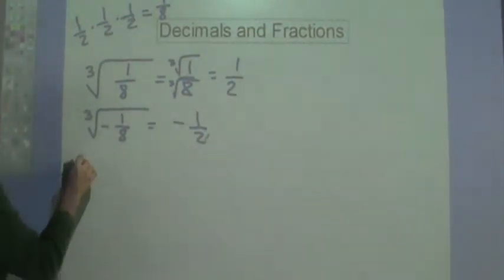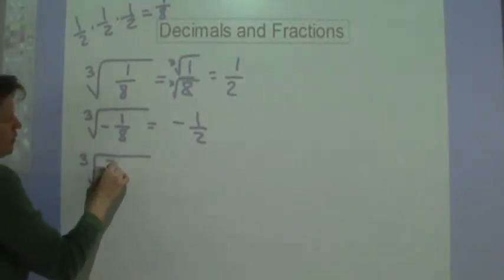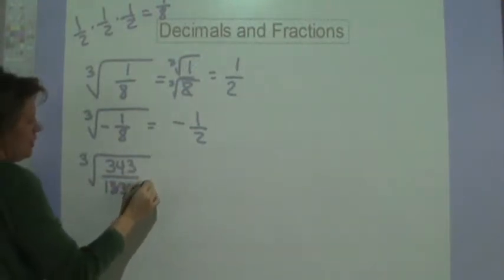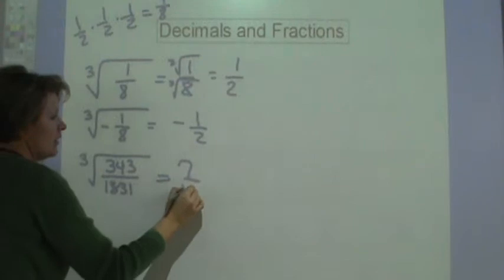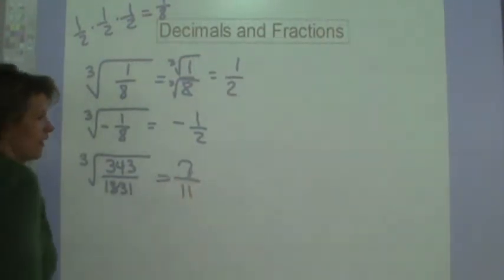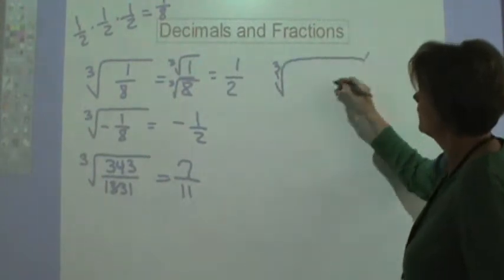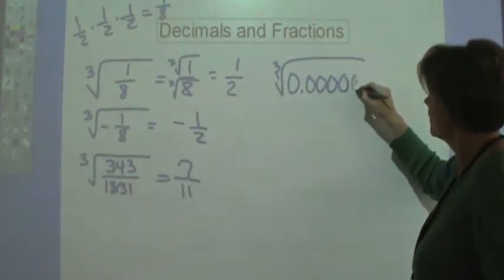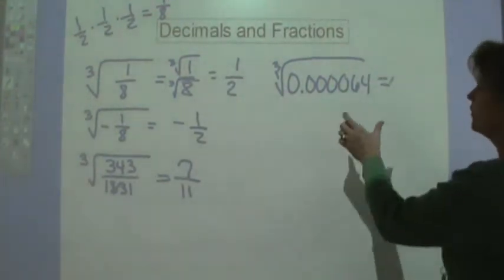Let's see. So the cube root of 343 over 1331 would be 7 over 11. And then for your decimals, kind of like in the square roots, first you look for the perfect cube.